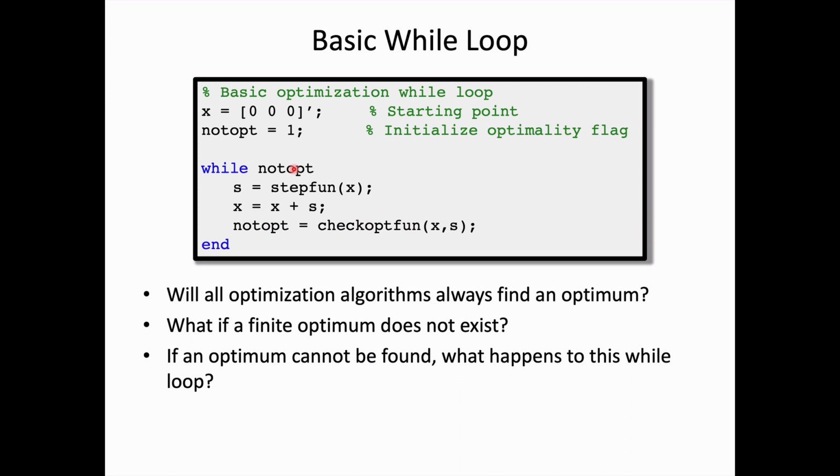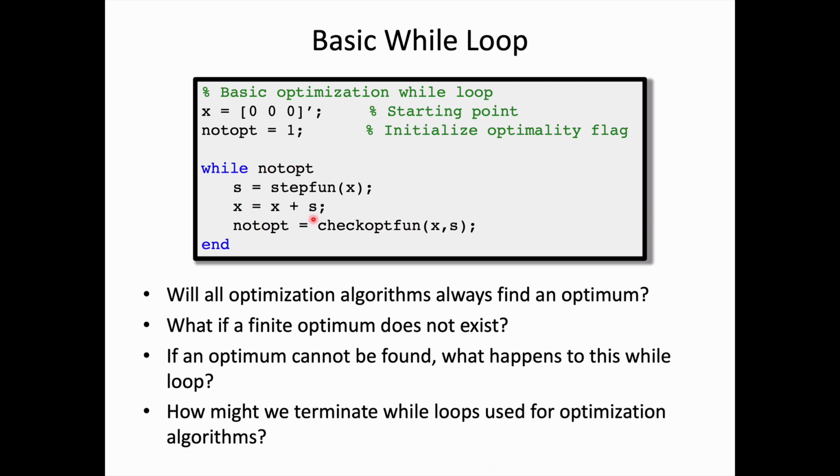So if an optimum cannot be found, either because it does not exist, or because for some reason the algorithm is incapable of finding it, what happens with the while loop? Are there any issues that we might run into with this while loop, the way that we've defined it? How might we terminate while loops used for optimization algorithms?